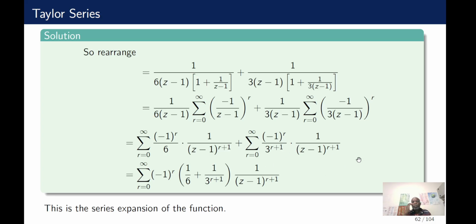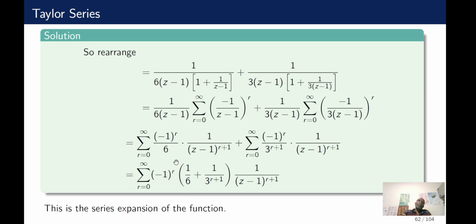So now, because we are adding them from 0 to infinity, you can bring them under the same sum, because our powers are the same. You have 1 over z minus 1 to the power r. It's common. So you use that common one, and it will give you the same thing.